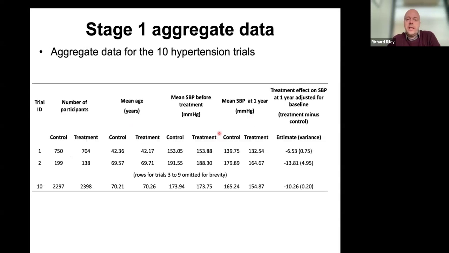So let me apply ANCOVA to each of those 10 trials. I get my treatment effect estimates. Here for trial 1, it's minus 6.53, trial 2, minus 13.81, and so forth. I can also use the IPD to derive other summary information, such as the number of participants in each group, the average age, the mean blood pressure at baseline, and so forth.